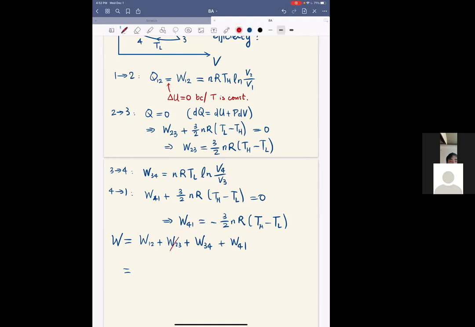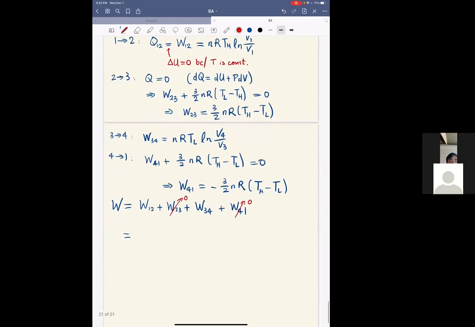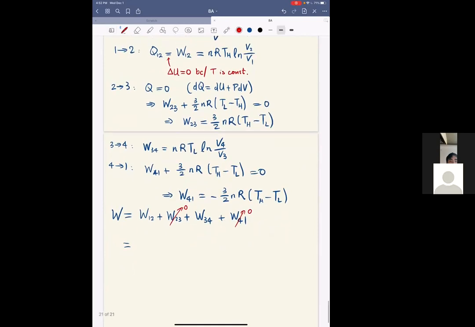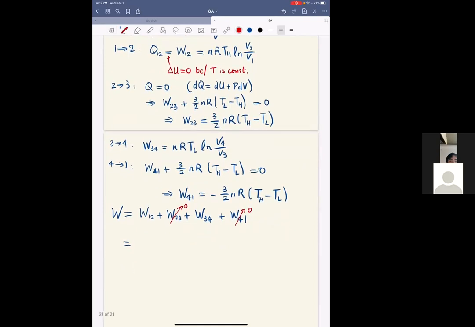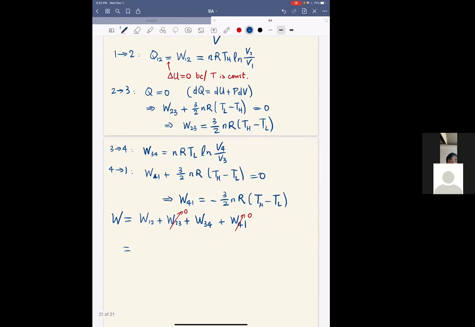So we know those two cancel. And then we just write together W12 and W34. That is NR TH ln V2 over V1 plus NR TL ln V4 over V3.